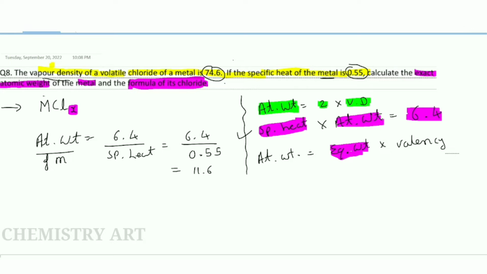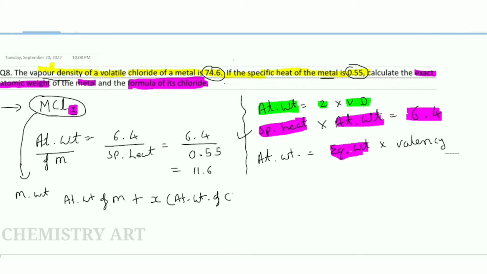Now if the formula of the chloride is MClX, we need to find out the molecular weight. We can write the molecular weight like this: the atomic weight of M, plus how many chlorines are there, X, so X into the atomic weight of Cl.